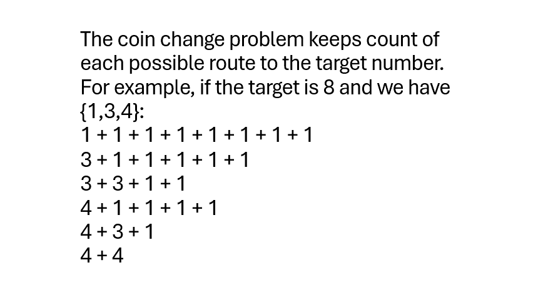So here is a simple version of how this works with the target and how it keeps track of everything. As I mentioned, it looks for each possible route to the target number. For example, if the target is 8 and we have coins 1, 3, 4, there are all the possible ways to get to that, and it's going to keep track of all that. It's like, okay, in the first case, it took 8 values, then it took 6 values, then 4 values, then 5 values, then 3 values, then 2 values.